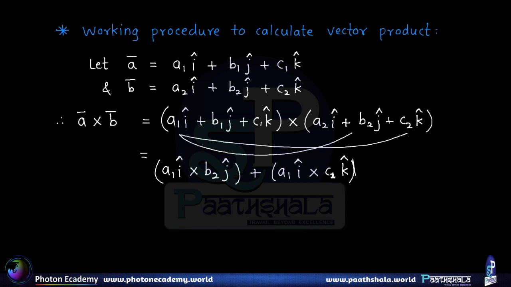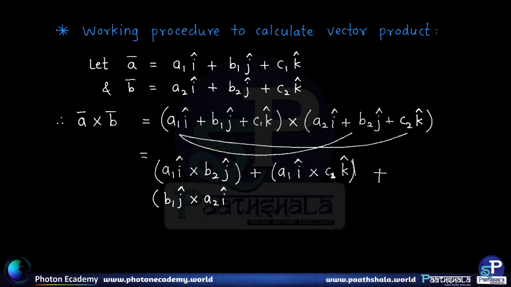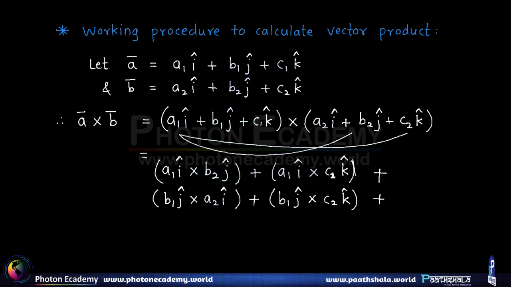Alright. Now after that we will take up the second one, that is b1 j. With b1 j we will relate the first and third. So therefore plus we have b1 j cap cross a2 i cap plus b1 j cap cross c2 k cap, and lastly we will relate c1 k cap with the two elements in the second vector.